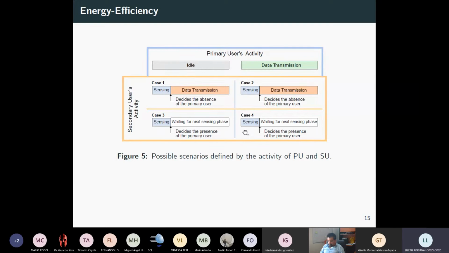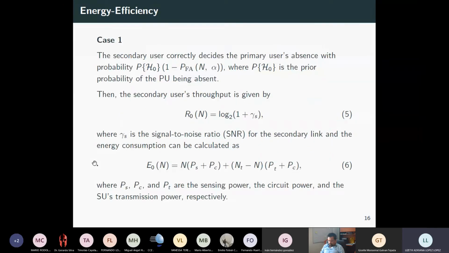And finally, case 4 is when the primary user is present and the secondary user decides the presence of the primary user and waits until the next sensing phase. So we have to determine the probabilities of each of these cases, which are as follows.